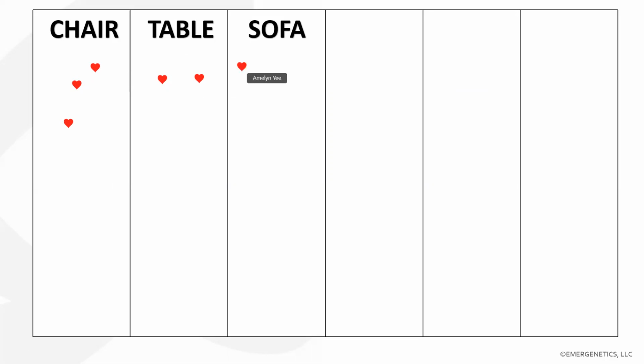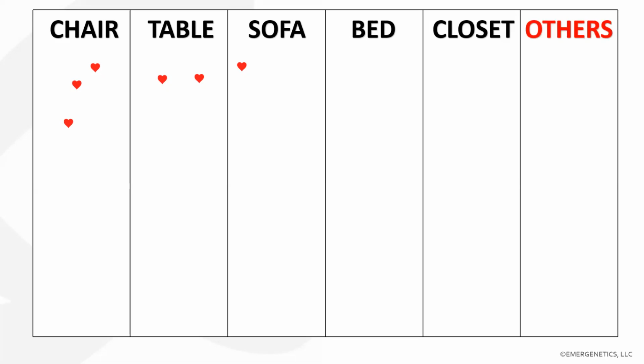Yeah, Emily put sofa. And how many of you actually put bed? After lunch, you're sleepy. Or how about anyone put closet or wardrobe? None? Then the last question is, anyone here put computer, television?